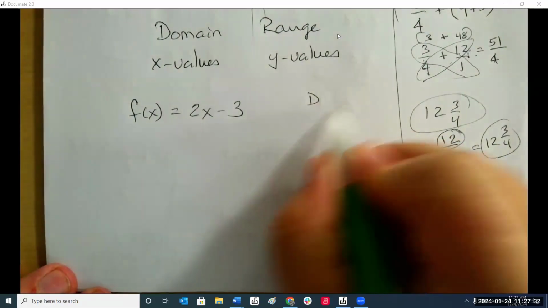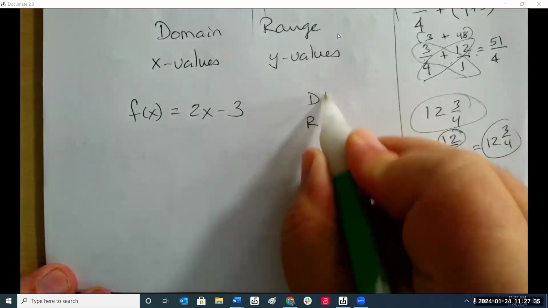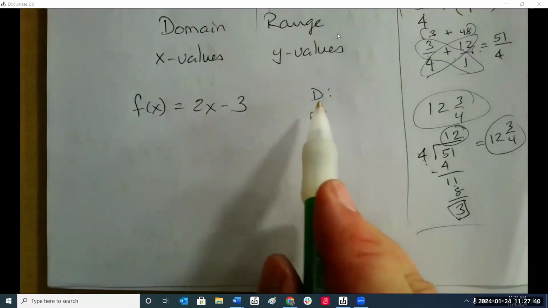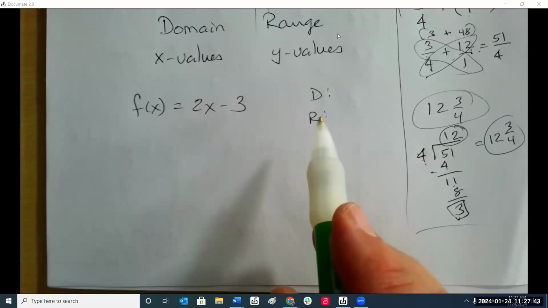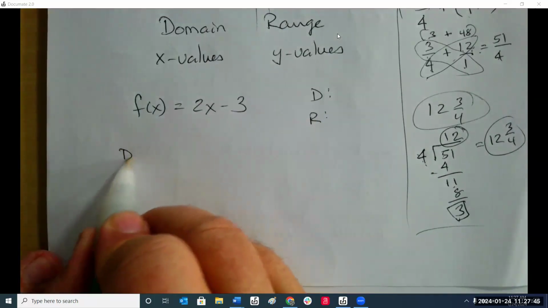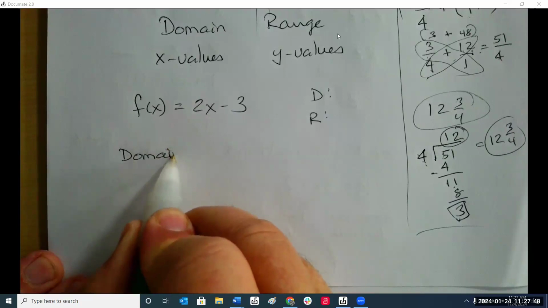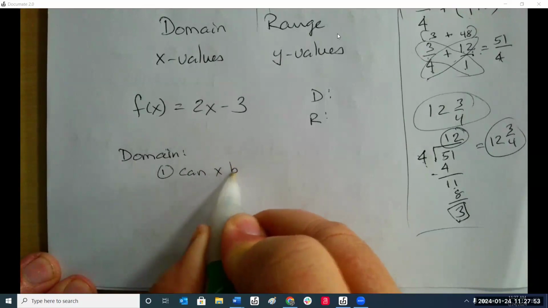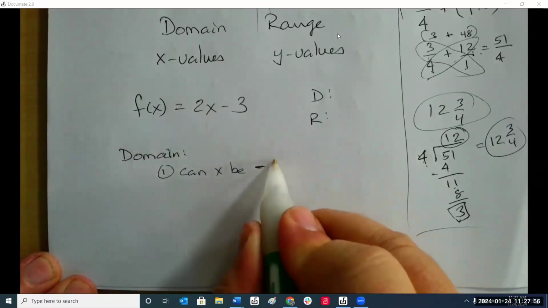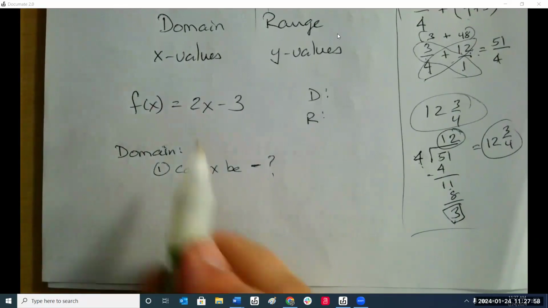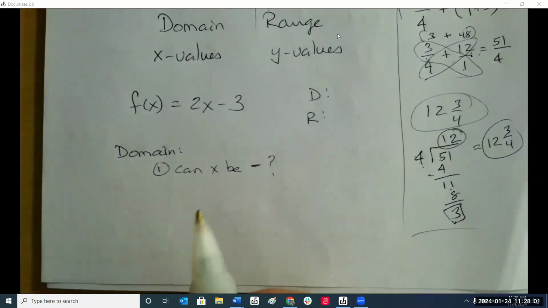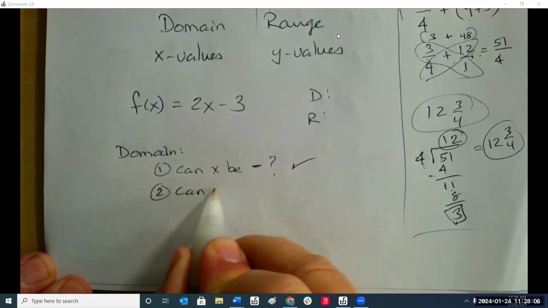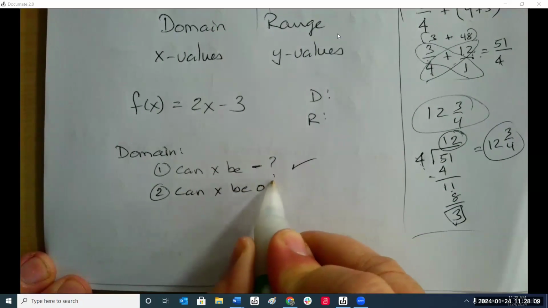What's the domain and the range of this function? To figure out the domain, you have to ask yourself 3 questions. Can X be negative? Can I put a negative in there? Yeah, it's not going to change anything. Can X be 0?